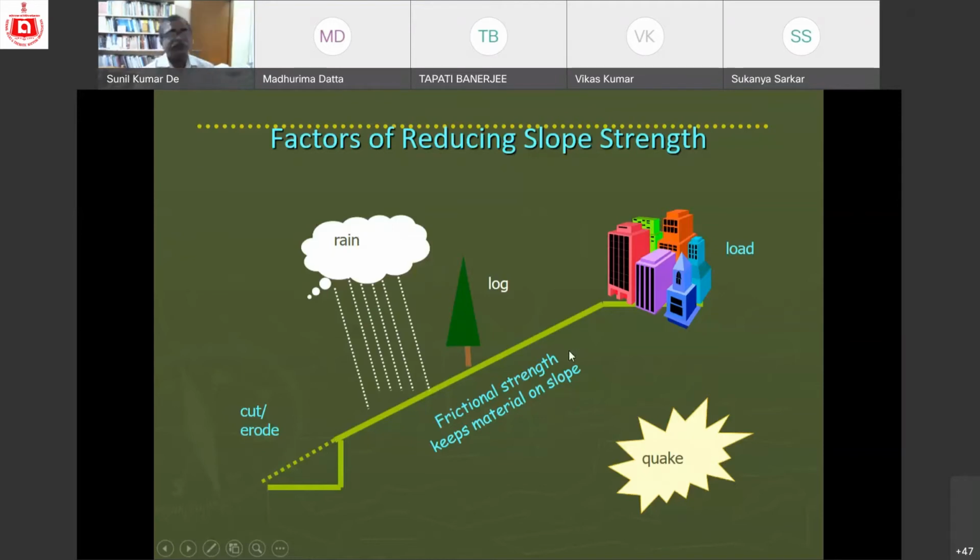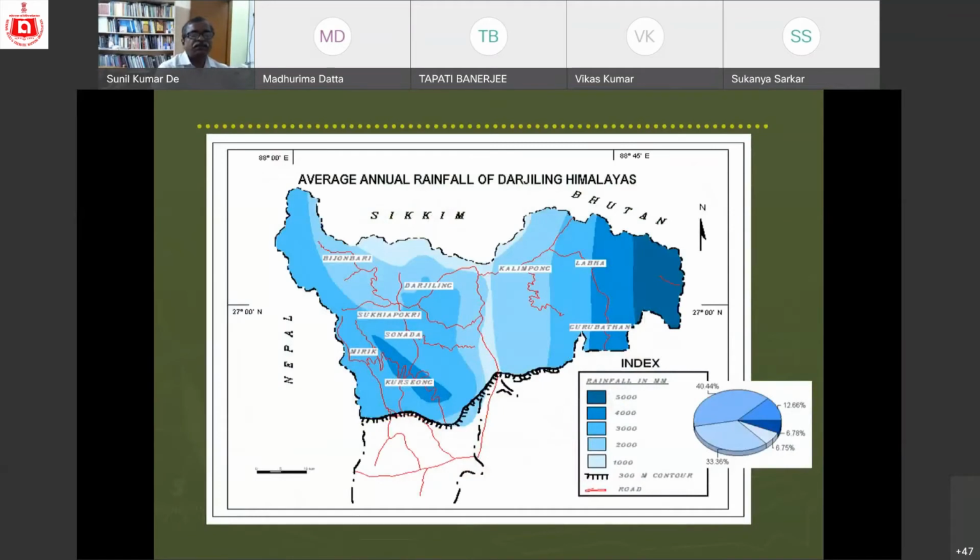This is a pictorial presentation of these triggering factors. If we consider the Darjeeling Himalaya, on both sides the amount of rainfall is very high. But if we see the landslide distribution map I will show afterwards, the number of landslides is high in the middle part of the whole Darjeeling Himalaya.